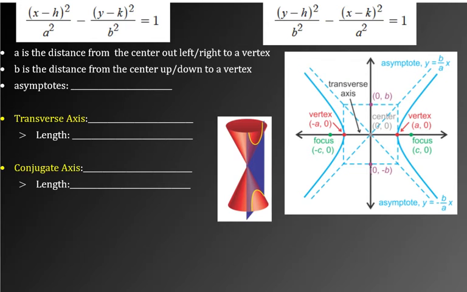Just a few more key definitions and facts I want you to know. So remember, there's two types of hyperbolas. When the y term is negative, it's a left-right hyperbola like this one.